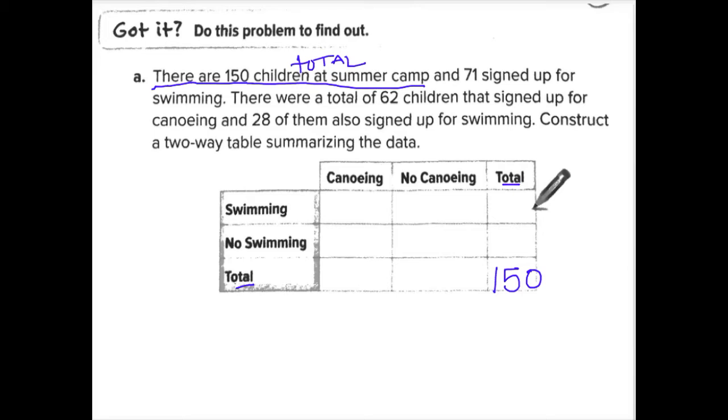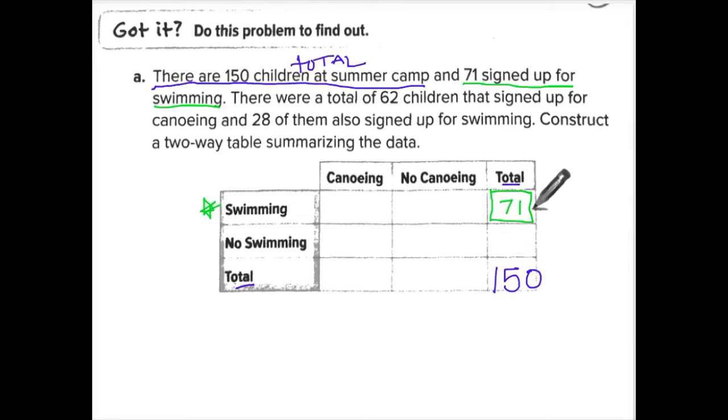Next, 71 signed up for swimming. If I look at the swimming row, some kids canoed as well and some kids did not canoe. This is the total kids that swam, ignoring canoeing completely. In straight swimming, we have 71 kids.